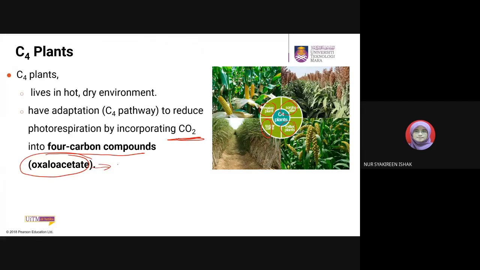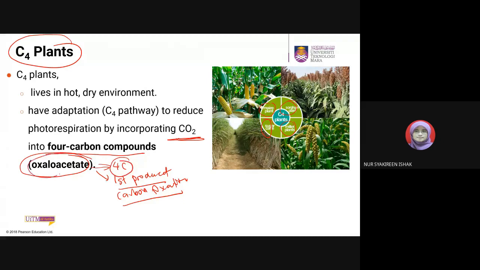Oxaloacetate is a 4-carbon compound, and it is the first product of carbon fixation. So that's why we call this plant a C4 plant.